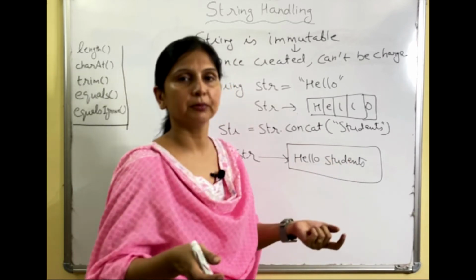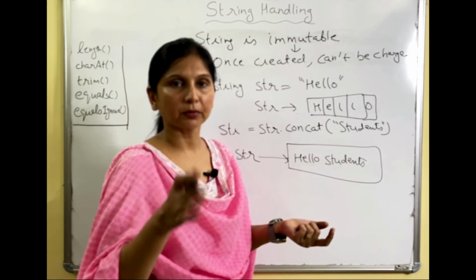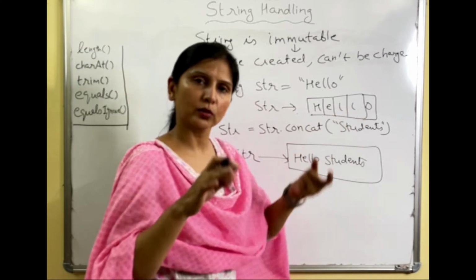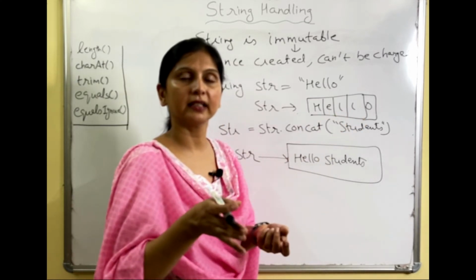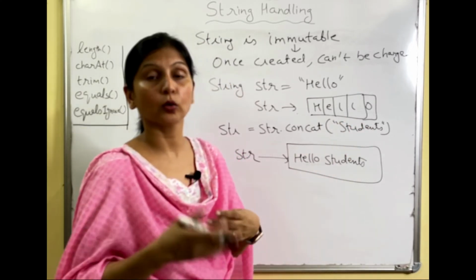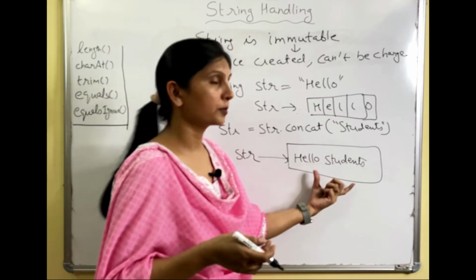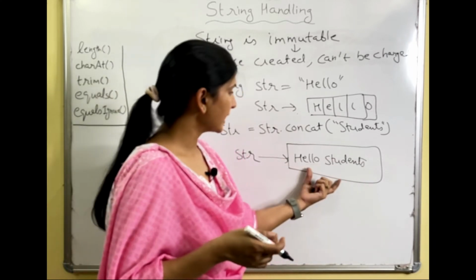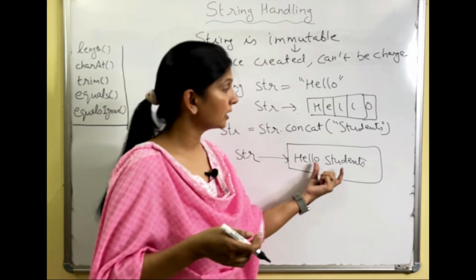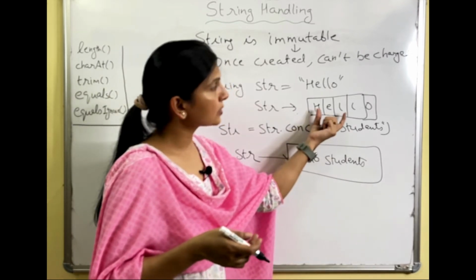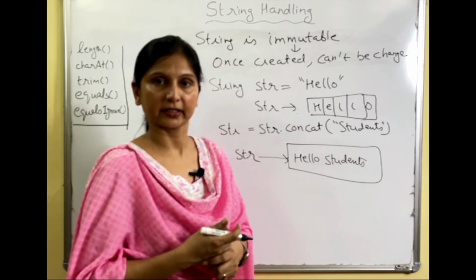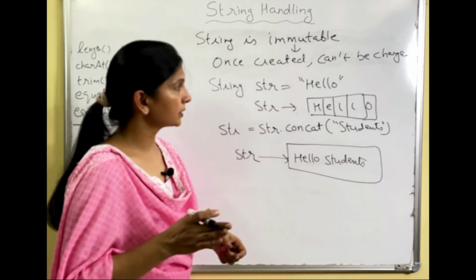A new copy is created actually; we are not making changes in the given string. It looks like we have combined the new string in the given string, but actually in the background, a new object is created and the reference variable is referring to the new object, and the old copy will be removed by the garbage collector. I hope you have understood.